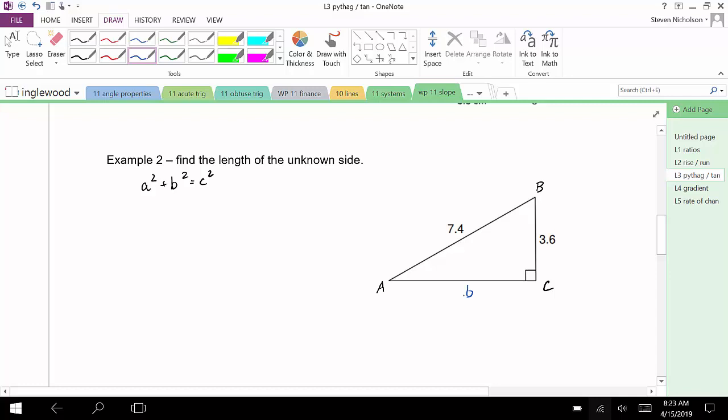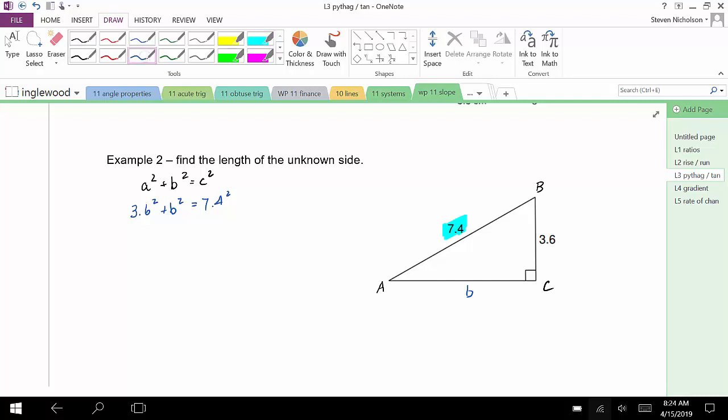So little a is the side opposite big A. It's a good habit to get into. The b we don't know, and the hypotenuse we do know. So again, it's important for us to recall the hypotenuse is the longest side. So whatever we think b is, it has to be less than 7.4. And that's a way to make sure you haven't made a mistake.